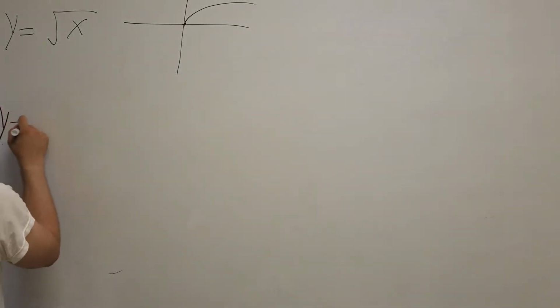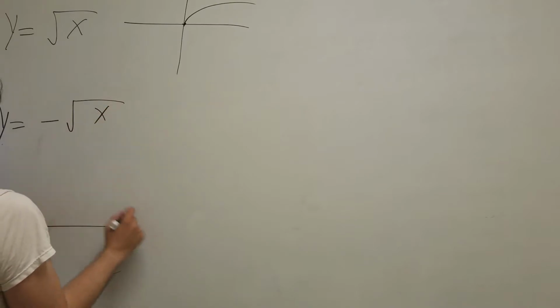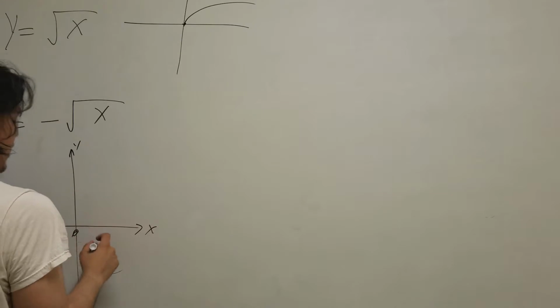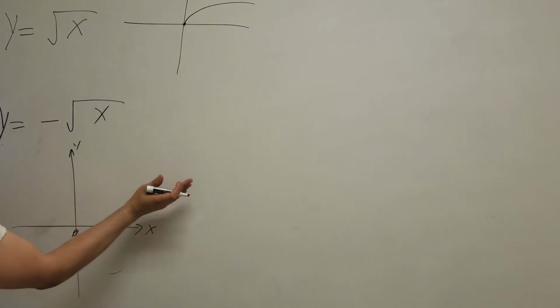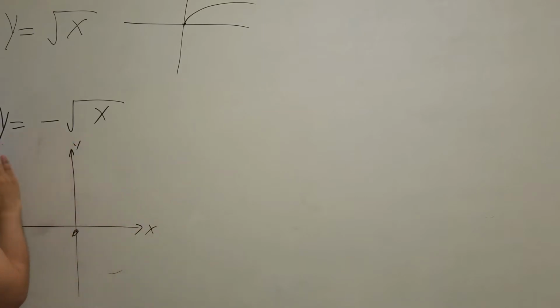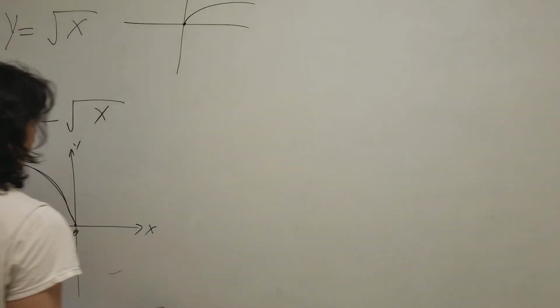Now, if I gave you y equals negative root x, instead of shooting out to this side, if you had a mirror, it would reflect on the opposite side.